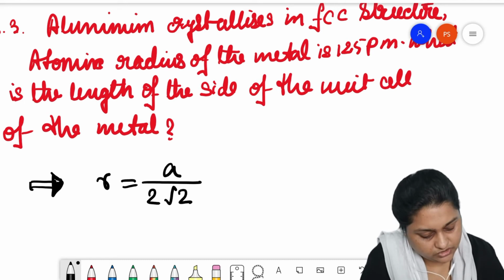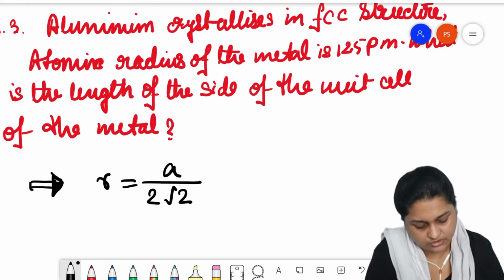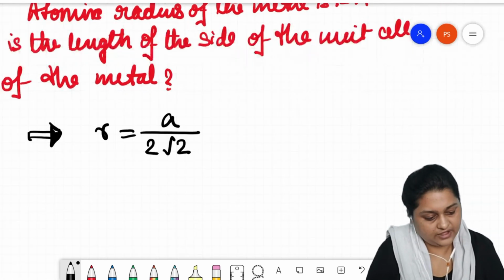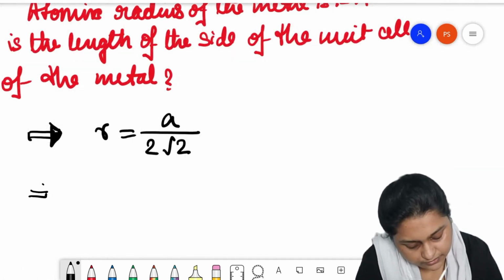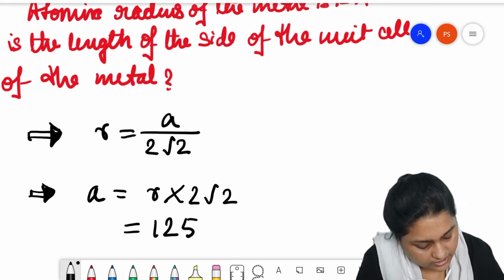Now the radius of the metal has already been given, that is 125 picometer. So if we put this value, we can easily find out the edge length a, r multiplied by 2 root 2. The value is 125 into 2 root 2.